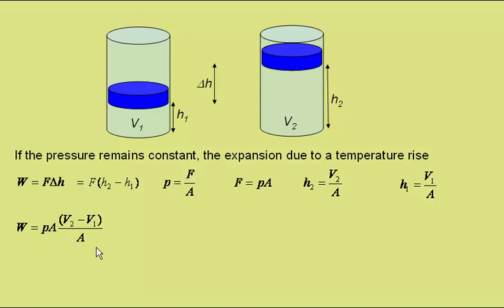Cancelling the areas gives the work done being equal to the pressure multiplied by the change in volume. Just to stress again, this requires the pressure to remain constant.